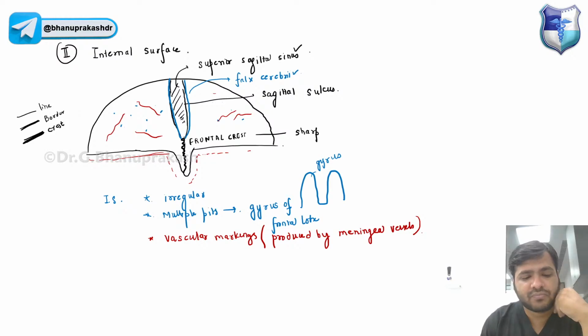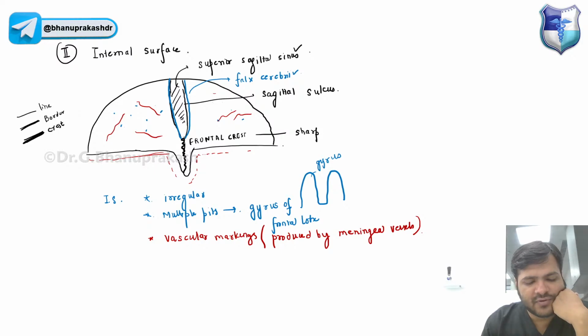You already know the emissary veins will communicate with the superior sagittal sinus and even with the veins of the nasal mucosa.